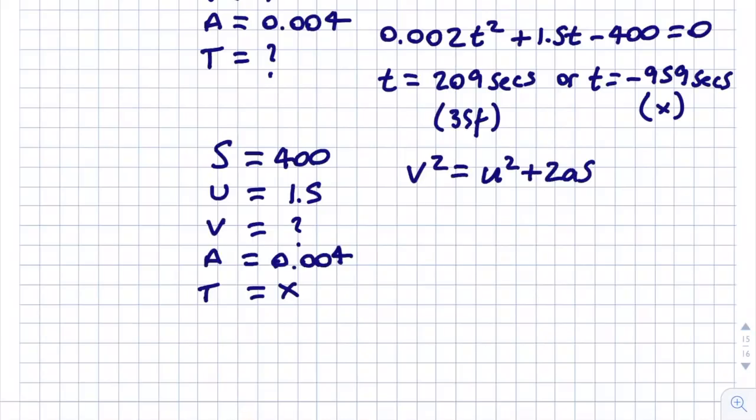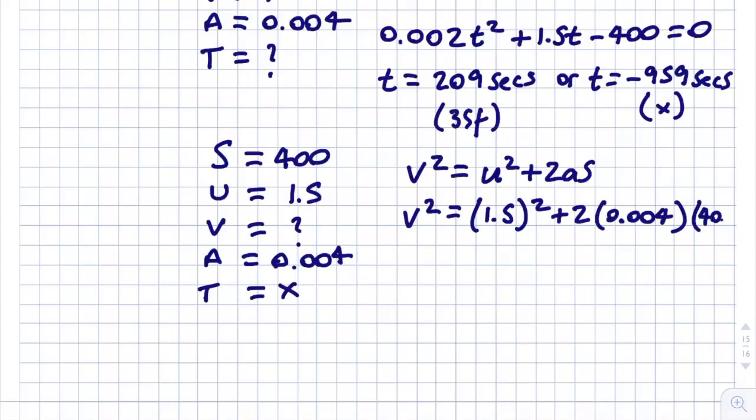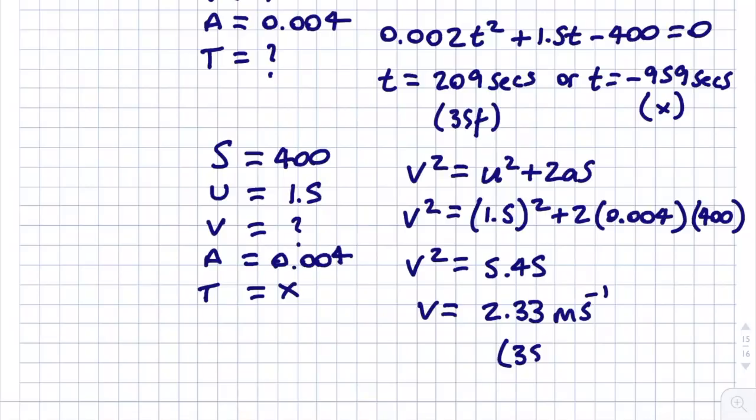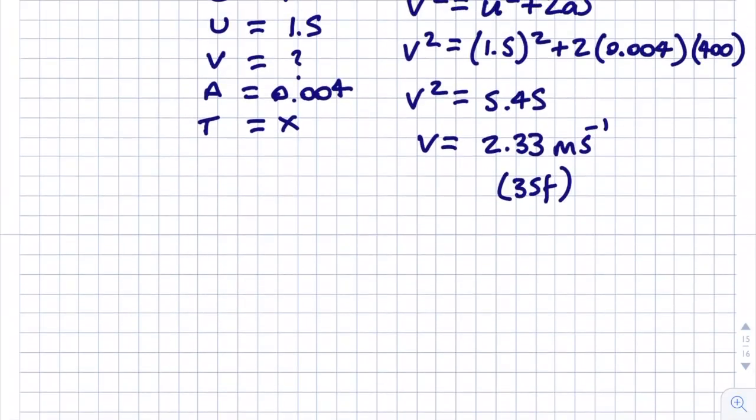So I can substitute my values into here, so I get v squared equals 1.5 squared plus 2 multiplied by 0.004 multiplied by 400. And if I simplify this on my calculator, I get v squared equals 5.45, and I can just square root both sides to get v equals 2.33 meters per second to 3 significant figures. And that was the final question.